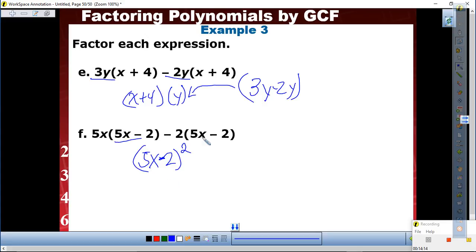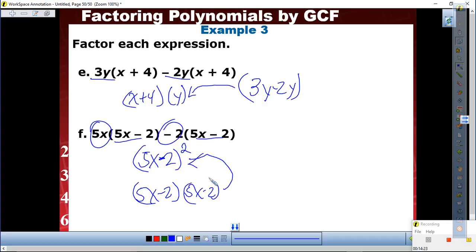When we factor this, we get 5x minus 2, and then we're left with 5x minus 2, and another way of writing it is like this. Okay?